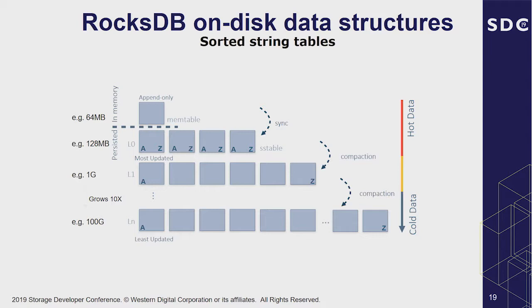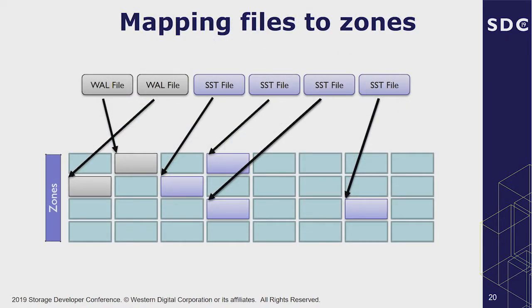But because we have this information and we're doing this end-to-end integration, we can simply separate all these files on the disk by mapping each file to a string of zones. So by separating files on zone level, we'll make sure that we don't overlap data between different files in different zones, and we don't have to evict any data or do any garbage collection once we're done with a file.